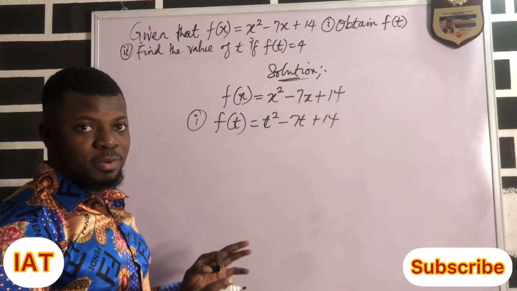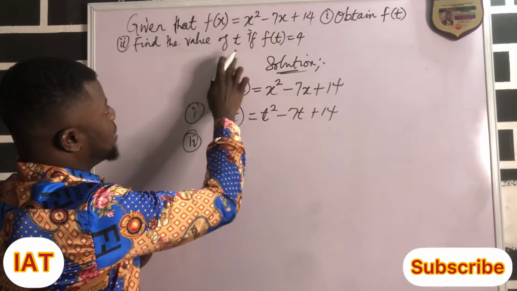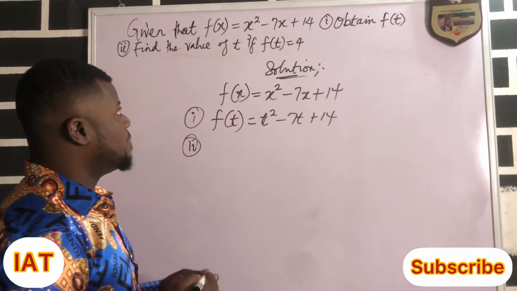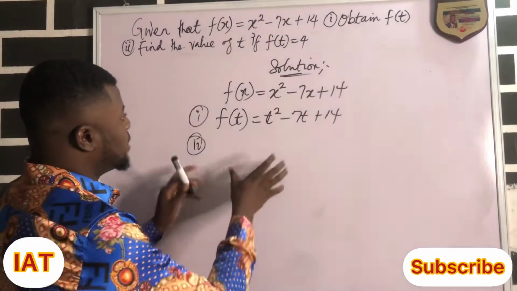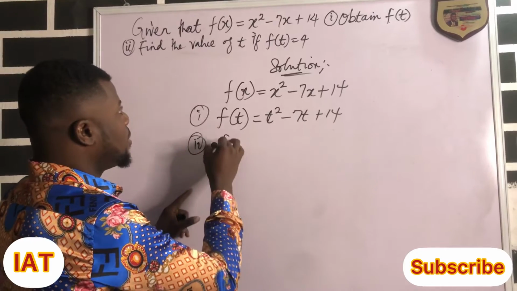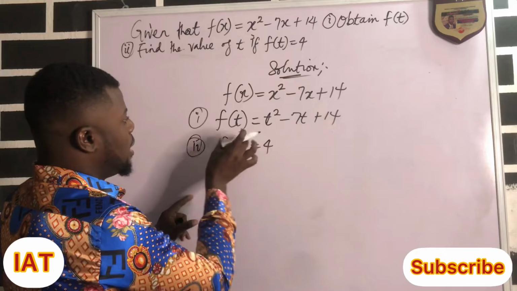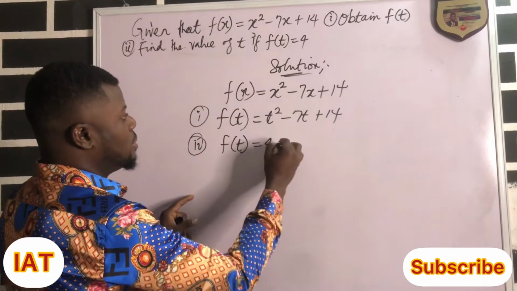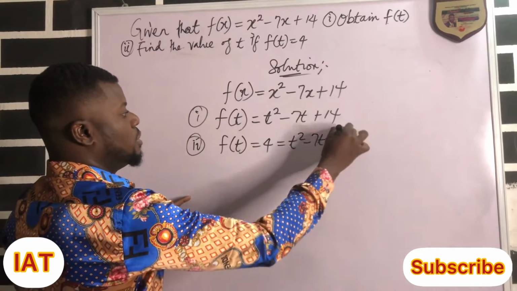I hope that's simple. Alright, the second phase of it is for us to find the value of t if f of t is equal to 4. In order for us to achieve that, let's make use of the statement here. f of t is equal to 4, and f of t in this case is also equal to t squared minus 7t plus 14.